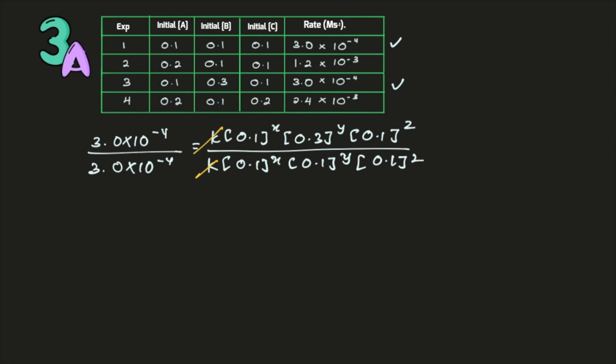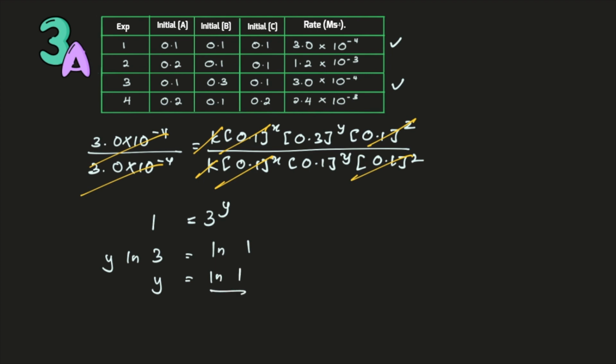So we have this one identical, leaving us with 1 is equivalent to 3 to the power of Y. So the same concept: Y ln 3 is equivalent to ln 1. So Y is equivalent to ln 1 divided by ln 3, so you get your Y is equivalent to 0.